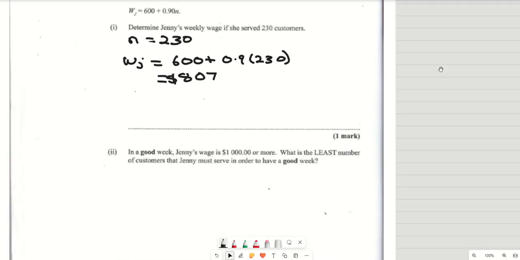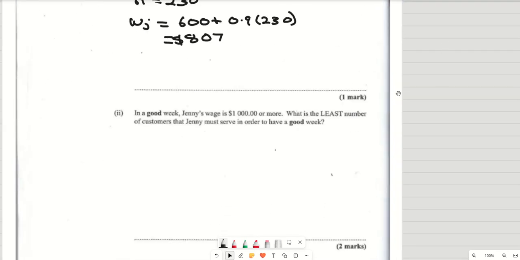Now let's look at the second question. In a good week, Jenny's wage is 1,000 or more. What is the least number of customers that Jenny must serve in order to have a good week? So they are telling you that 600 plus 0.9n is a wage of $1,000 or more.